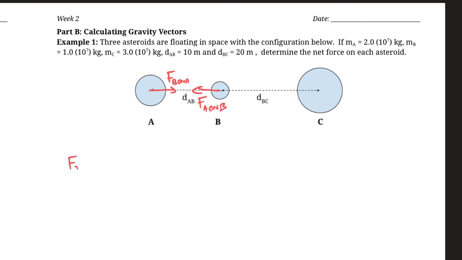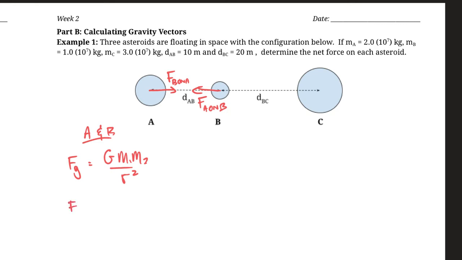So the force of gravity between them is just going to be equal to capital G, m1, m2 over r squared, right? And for the force B on A or A on B, we'll just label this as the force between A and B here.